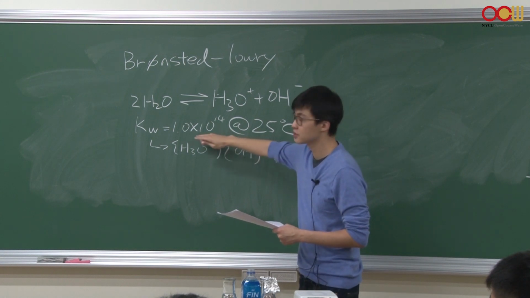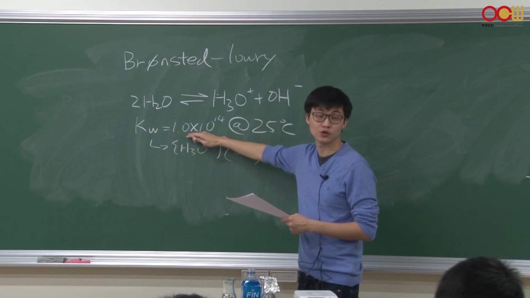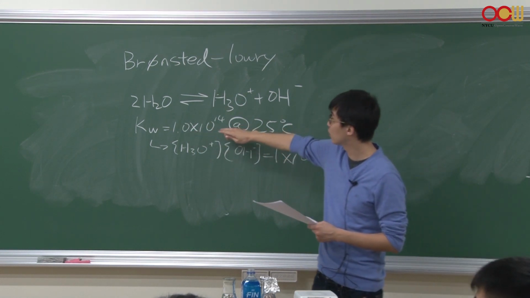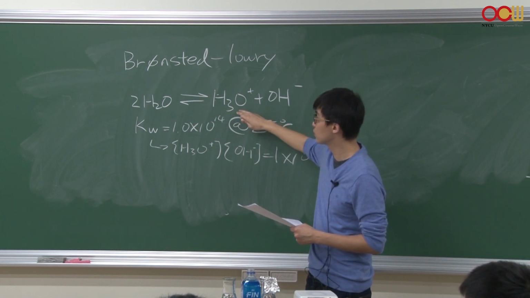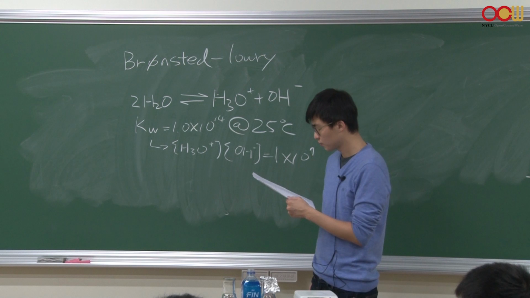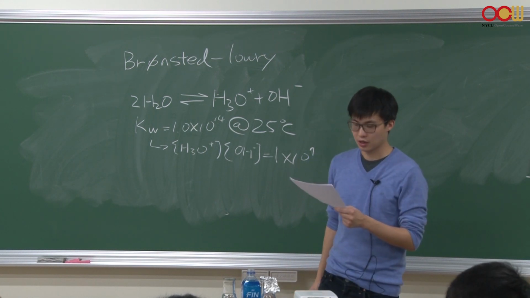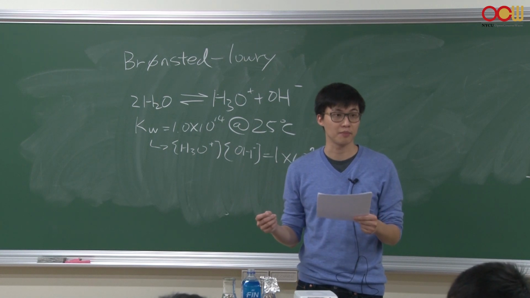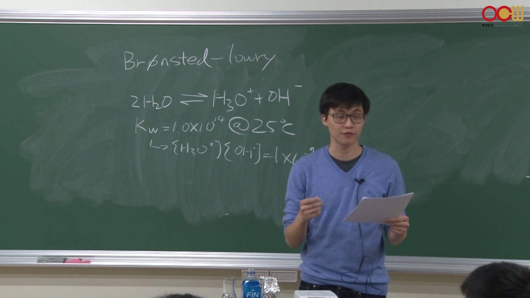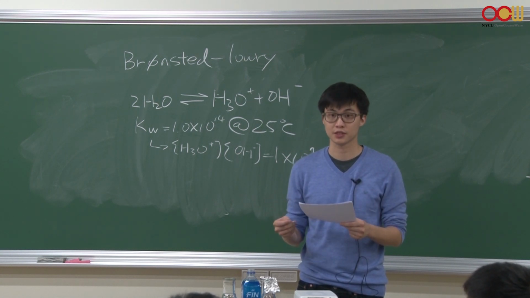okay? This is a constant. However, when you change temperature, the equilibrium distribution between these two will be different. So the Le Chatelier principle talks about the equilibrium being a constant, okay? But the position may shift when you disturb the system, okay?